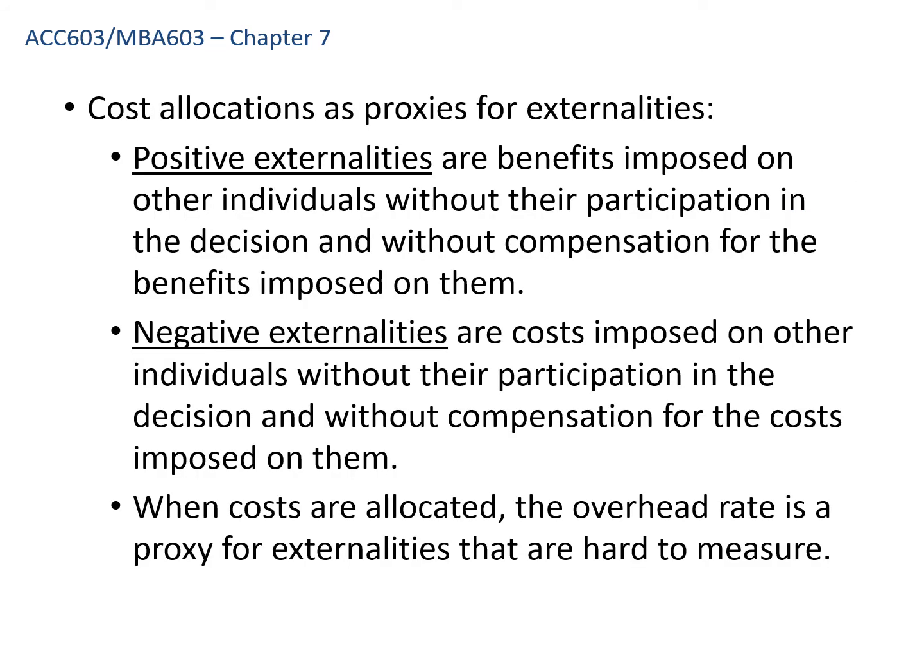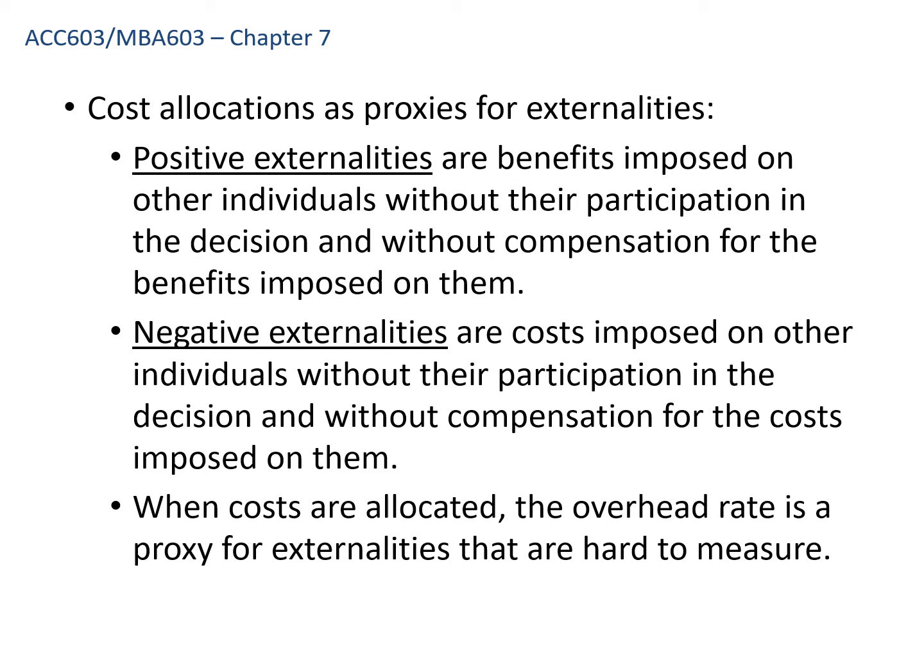So the book gave some good examples of positive externalities. Those are benefits that accrue based on our actions. One would be we do training efforts within a company, and that makes all the employees better employees, and that benefits the company.